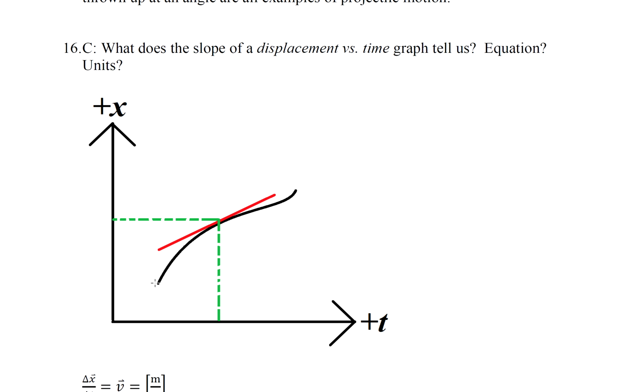So if we take the slope of this curve at all these different points, it's going to tell us the velocity at all these different times. So if we take the slope of this red line, it's going to tell us the velocity at this point here on this black curve.